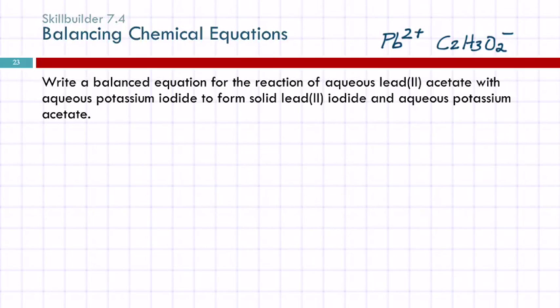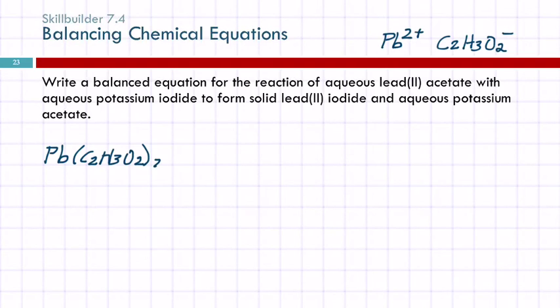C2H3O2, and it has a -1 charge. Just because. That's its name, that's its formula. So when I put those together, I'm going to need 2 acetates to balance the charge on lead. The purpose of this is not to teach nomenclature, so I'm doing that quickly.